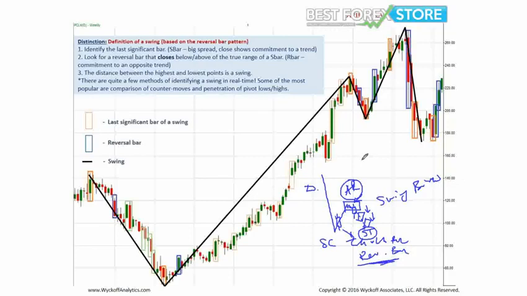But we don't really think about the magnitude or the strength of the patterns on the higher time frame. And therefore, sometimes what seems to be a very strong intraday pattern in one direction could be negated really quickly by a much larger trend on a higher time frame.